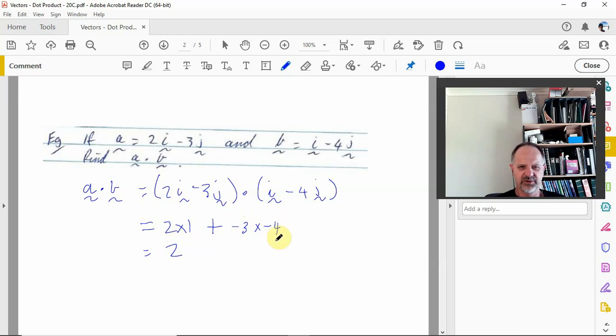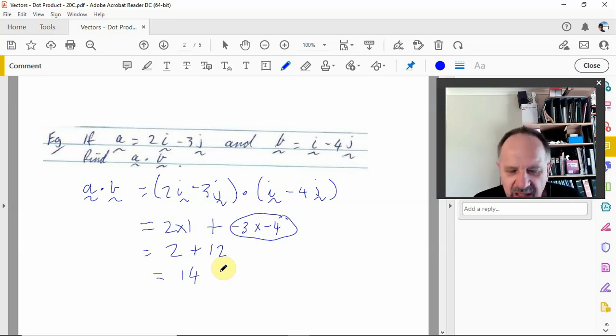So 2 1s are 2, negative 3 times negative 4 is plus 12, and so in this case A dot B is 14. All right, so two methods that we can use to work out the dot product. We can use the algebraic, which is what I've just done there, or we can use the original definition that we worked with.